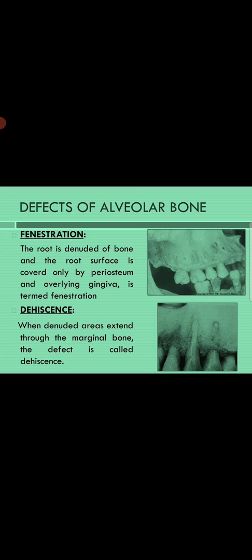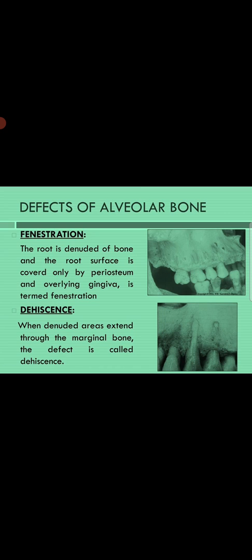This is very important for any exam. Defects of alveolar bone. There are two types of defect of alveolar bone. Number one is fenestration, and next is dehiscence. What is fenestration? In fenestration the root is denuded. There is a denuded area, meaning a depressed area.